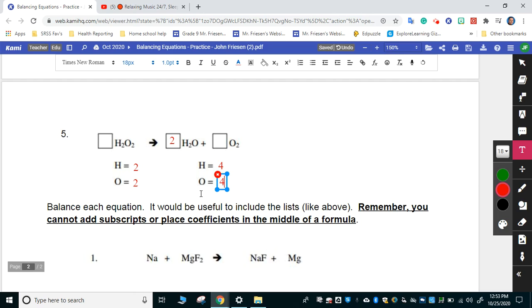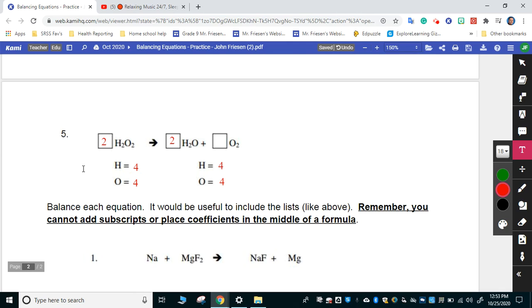Okay, so we have 4 and 4 on this side. How can we turn this into fours? Well, we add a 2, right? And so if we add a 2 here, 2 times 2 is 4, and 2 times 2 is 4.